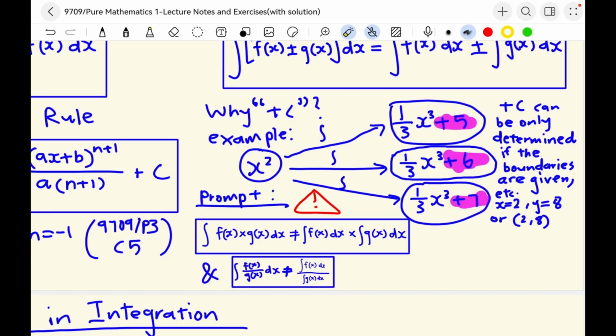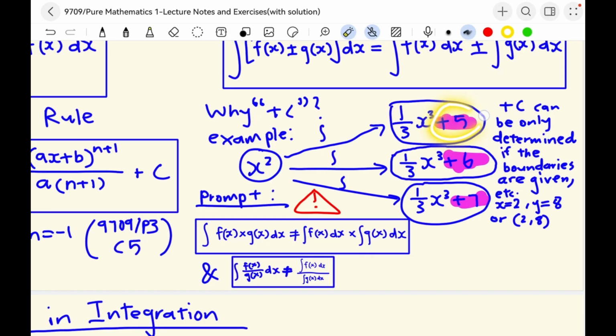The exact value of c can only be determined if the boundaries are given. For example, x equals 2, y equals 8: substitute the boundaries inside, or we can say that this coordinate meets the function, to get the plus c.